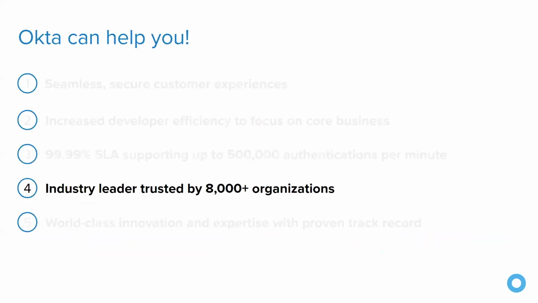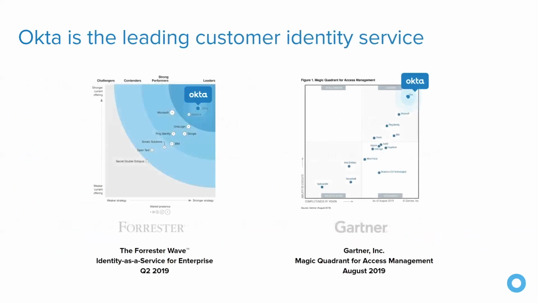Fourth, you want to partner with an industry leader like us, who is trusted by more than 8,000 organizations worldwide. It's not only us saying it, it's proven by the analyst reports. We are the leader across the two main analyst reports: the Forrester Wave on the left and the Gartner Magic Quadrant on the right. Those are from 2019, so clearly very recent.